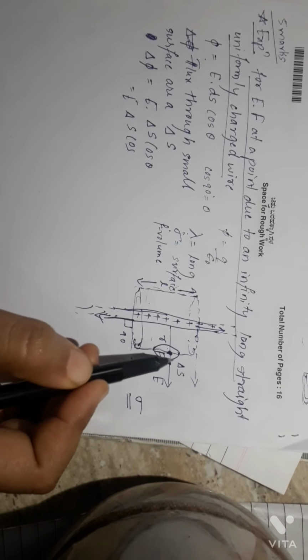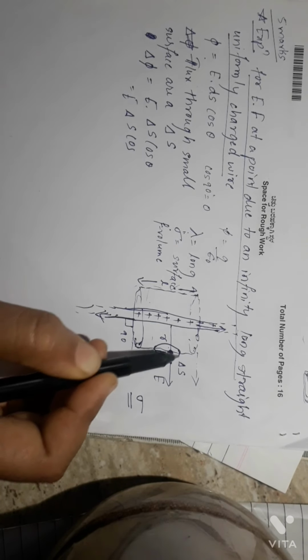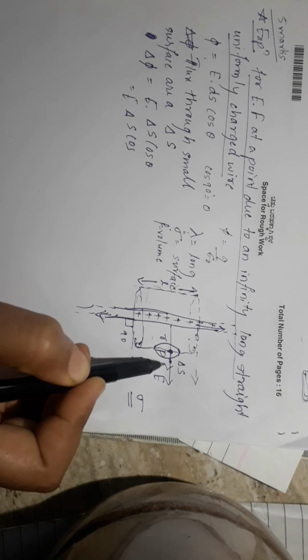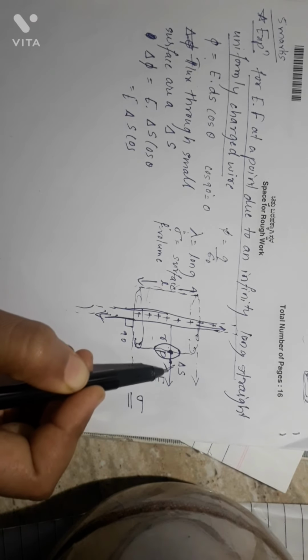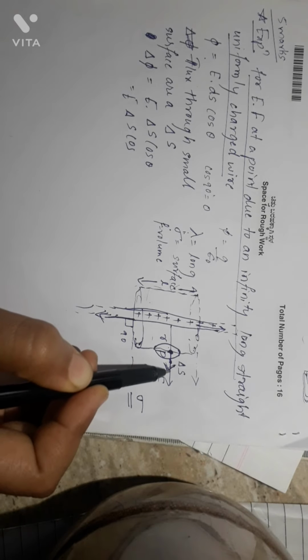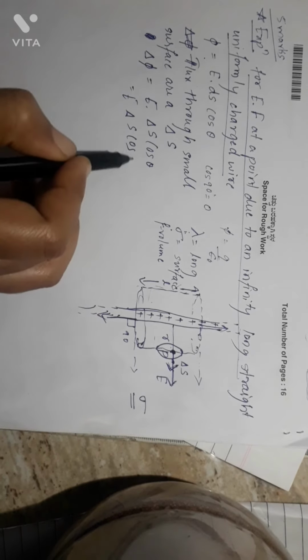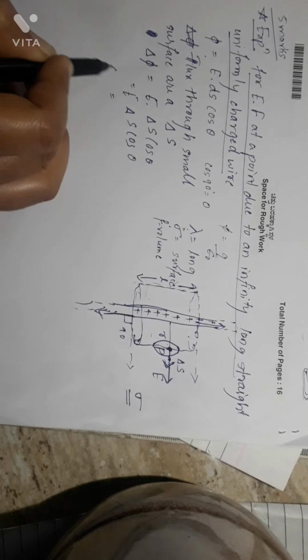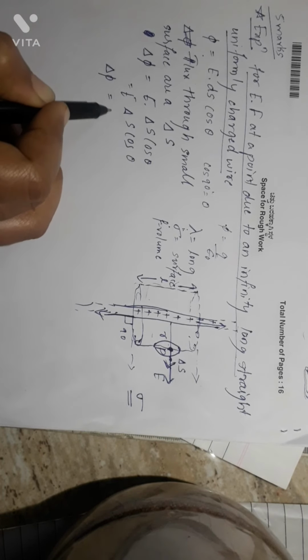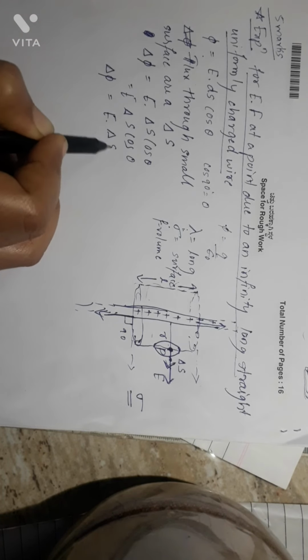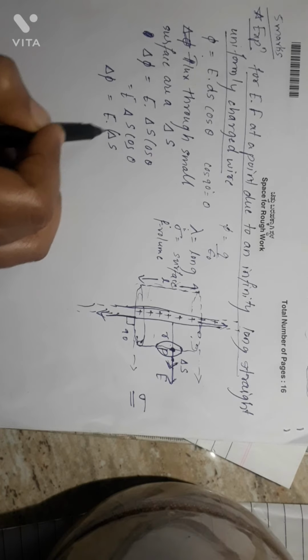What is the angle here? If we take this small surface area, the normal will be in this direction only, so theta will be 0, because theta is the angle between the normal of the surface and the electric field line. Cos 0 is 1, so the flux through the small area will be E into delta S.